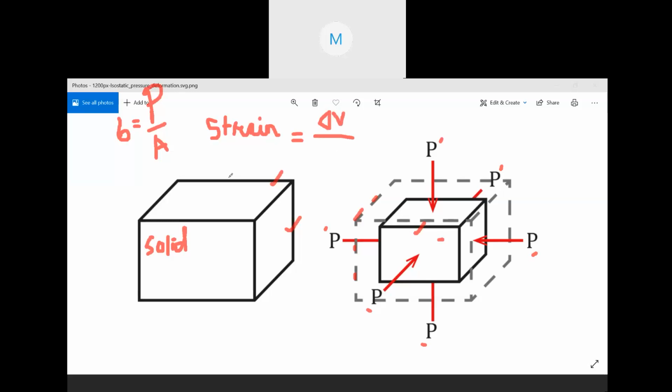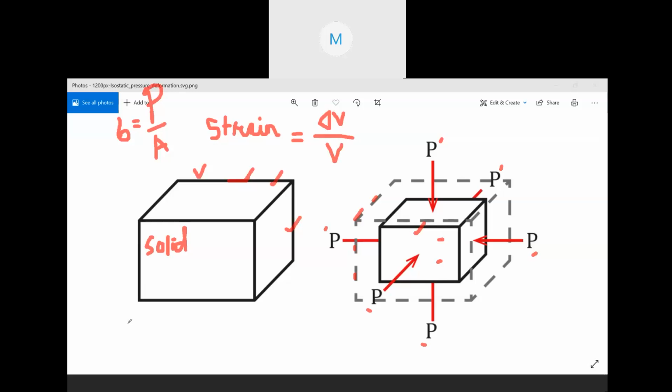Suppose this is the original volume V. Now here it is reduced by a certain amount. Similar to how we calculate del L, we find del V. That means the change in volume divided by the original volume.